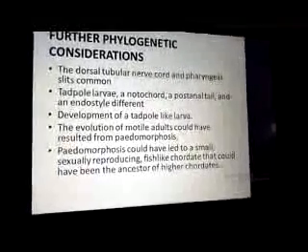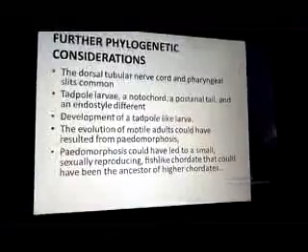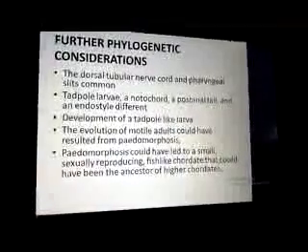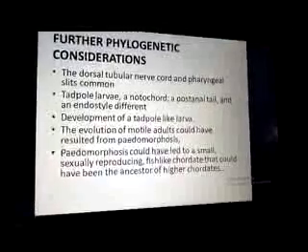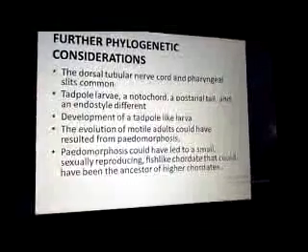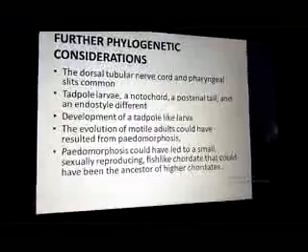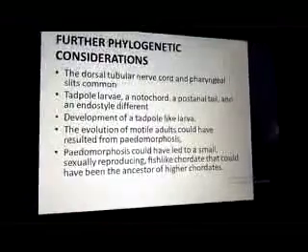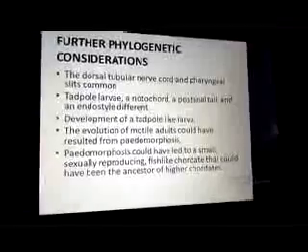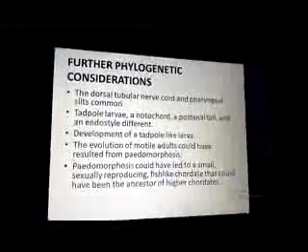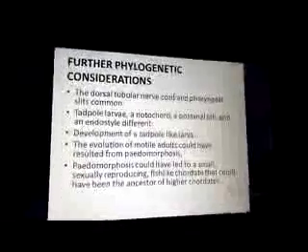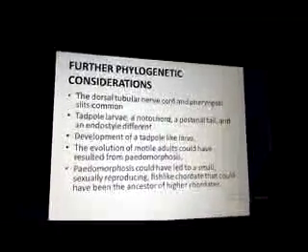Pedomorphosis is a process in which an immature developing larval stage becomes sexually mature. So zoologists say that these free swimming larvae give rise to the fishes, or you can say fishes arise from these free swimming larvae.